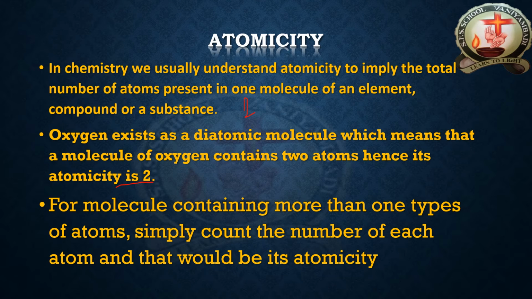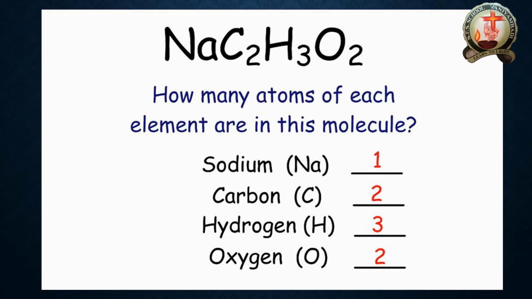For molecules containing more than one type of atom, so different types of atoms, simply count the number of each atom and that would be its atomicity. So you can see the examples. I take this compound. So what are the atoms here?